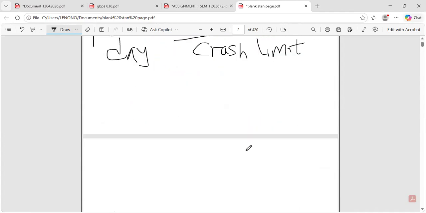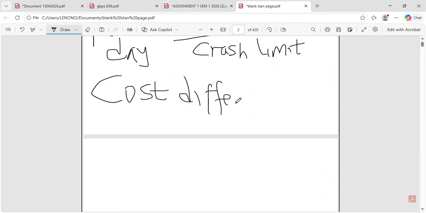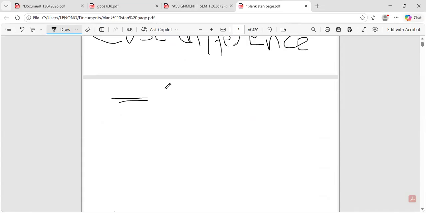Then how would you find the cost difference? Cost difference is equal to crash cost minus normal cost.